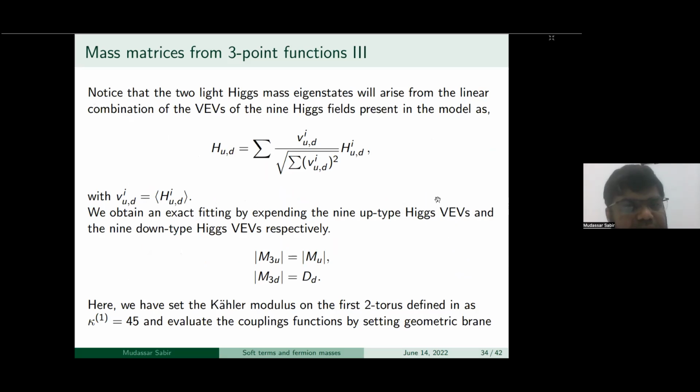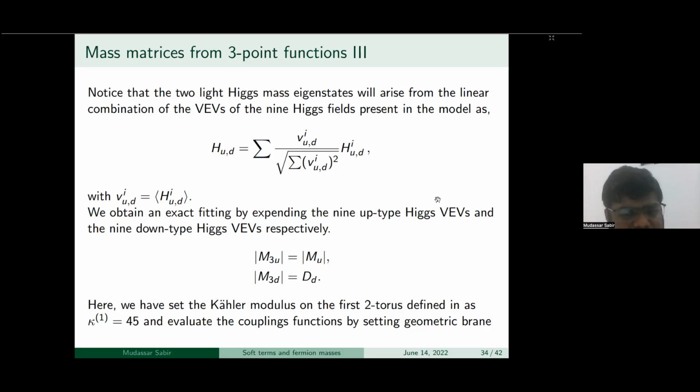Notice that the two light Higgs mass eigenstates will arise from the linear combination of the VEVs of the 9 Higgs fields present in the model. And after taking the S equal to minus I case, we found that we can obtain an exact fitting by expanding the 9 up type Higgs VEVs and the 9 down type Higgs VEVs respectively for the up type quarks and for the down type quarks.